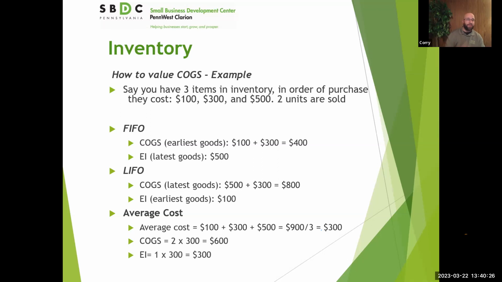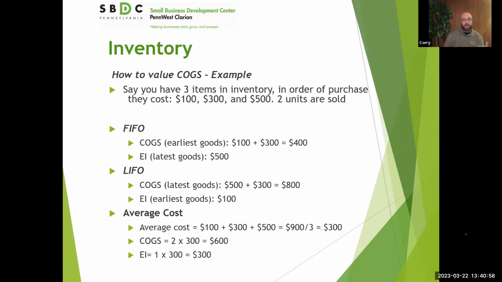Now, the average cost, this is what a lot of basic bookkeeping systems use. And even QuickBooks, if you still use QuickBooks, it's, to me, a very robust bookkeeping system. A lot of us only use a portion of what it provides to us, but it still is not strong enough at using QuickBooks Pro or QuickBooks Premier to do the FIFO and the LIFO.